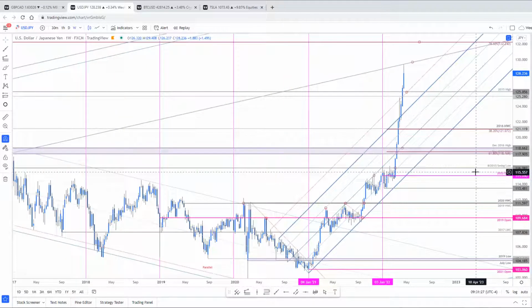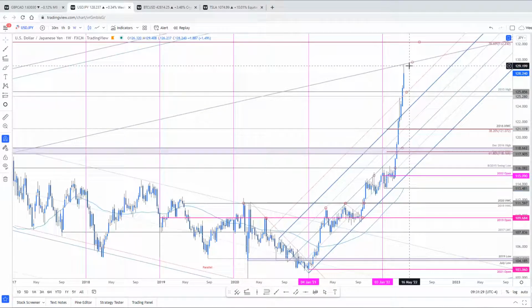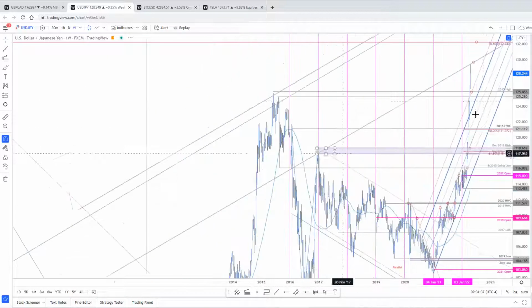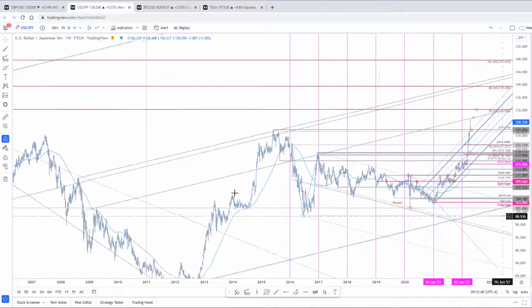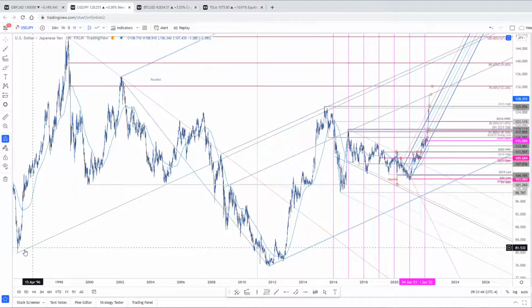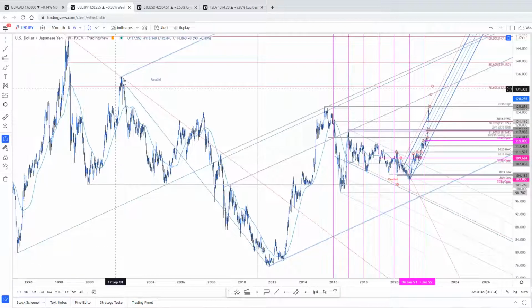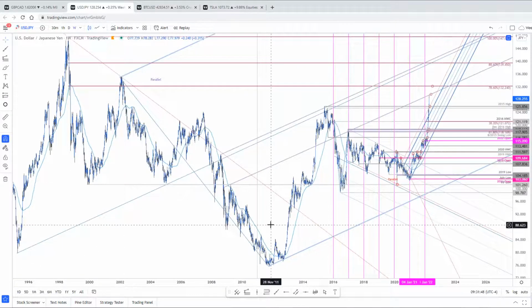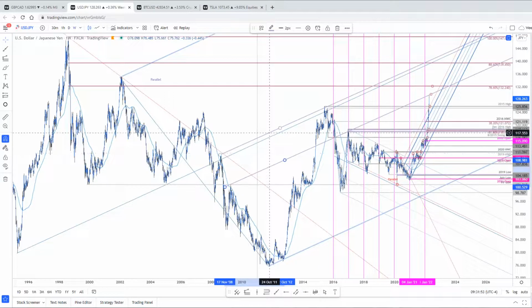But on the weekly chart for dollar yen, look at where that just peaked, guys. I haven't touched this chart, by the way, since I've gotten back. We just peaked at a slope we've been watching for how many years now? This is a pitchfork off the low from 95, 2000, 2011. All of the slopes you see here are derived off the same parallel.